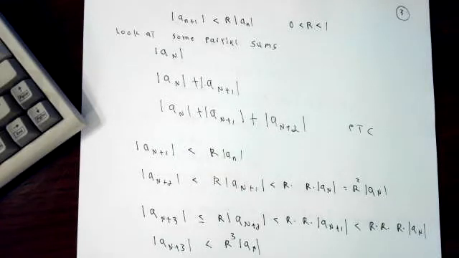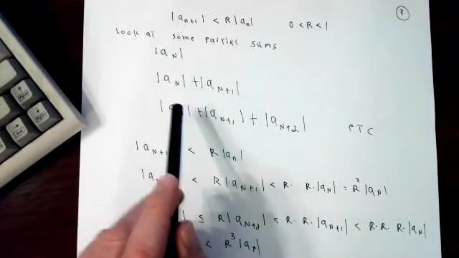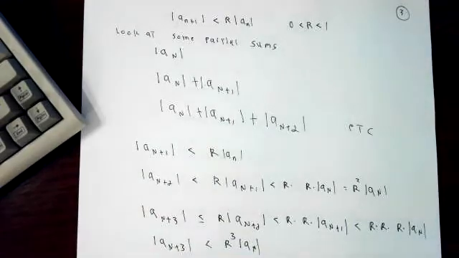I'm going to look at some partial sums, but I'm not going to start with a_1. I'm going to start with index capital N, and I'm not actually going to look at the a_n numbers. I'm going to look at their absolute values. I want to think about having absolute value of a_N, absolute value of a_(N+1), and so on.